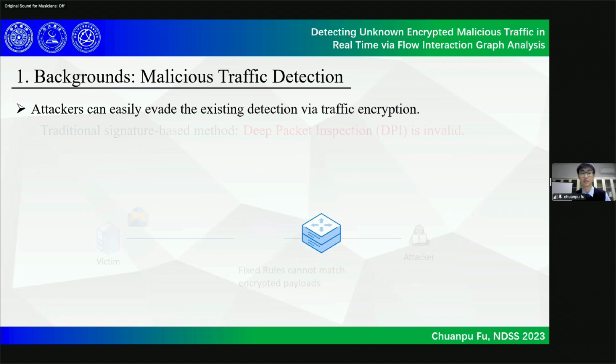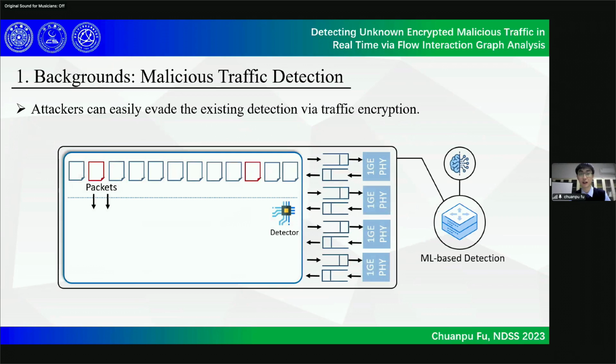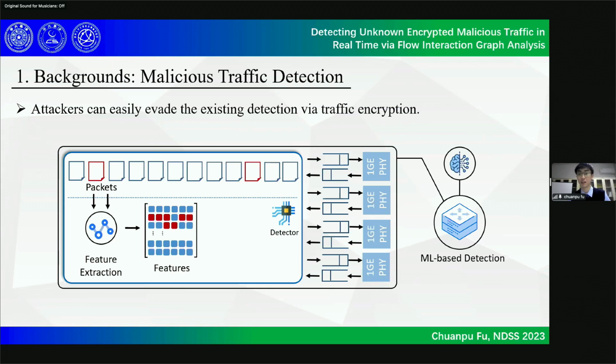In recent years, machine learning-based methods have been designed to detect sophisticated attacks. Different from signature-based detection, machine learning-based detection does not inspect packet payloads. Instead, it extracts the features of traffic, for example, the number of packets in a flow and the flow completion time.